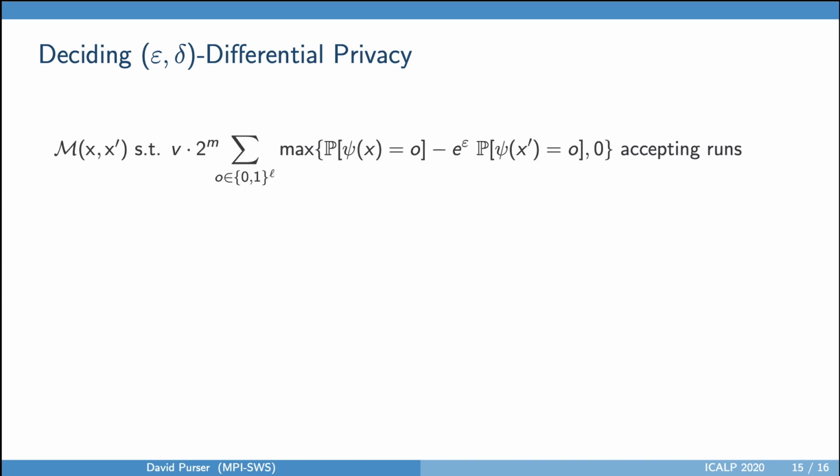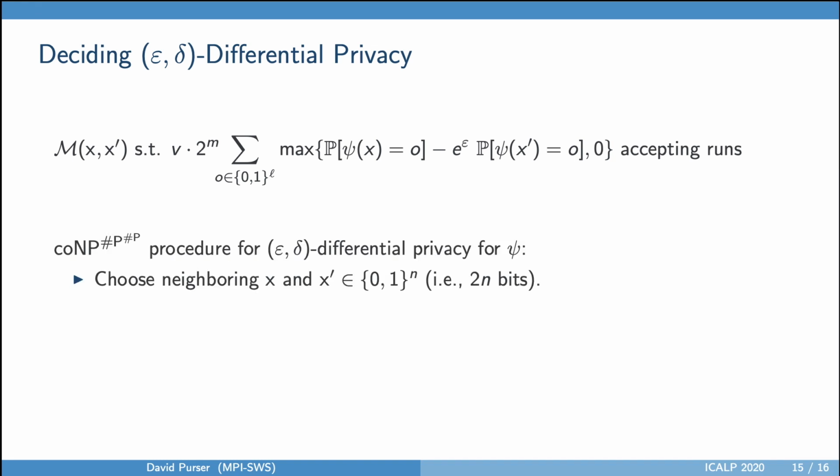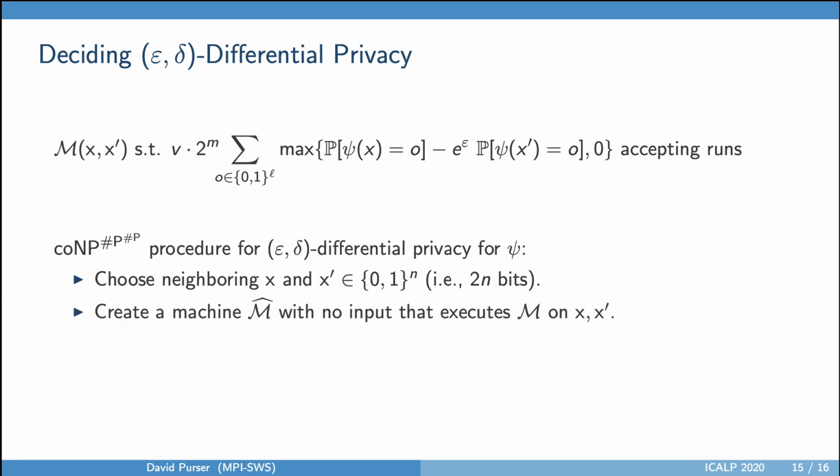We now have a non-deterministic procedure which for a fixed x and x prime produces the same number of runs as this sum. So to decide differential privacy, we need to test for each x and x prime. We're going to produce a coNP with a sharp-p oracle with a sharp-p oracle procedure to test differential privacy. The first step is to choose x and x prime, which are neighbouring, as candidates to violate differential privacy. Then construct a copy of M, but with x and x prime fixed to the chosen x and x prime.